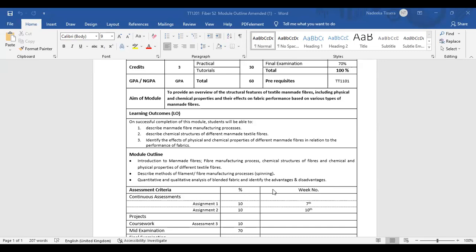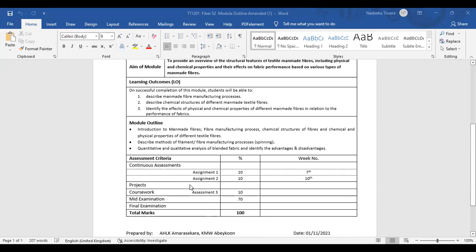And then I will describe the assessment criteria further. You need to keep this in mind and be very clear about the assessment criteria, because you all know at the end of the day, after the module, our top priority is that you should possess the required knowledge about the subject.